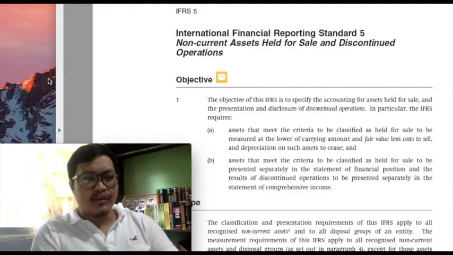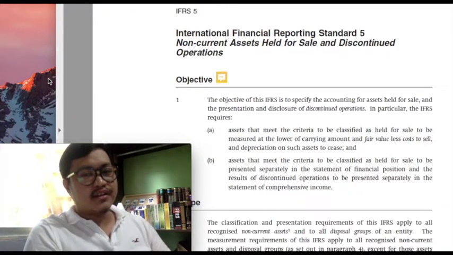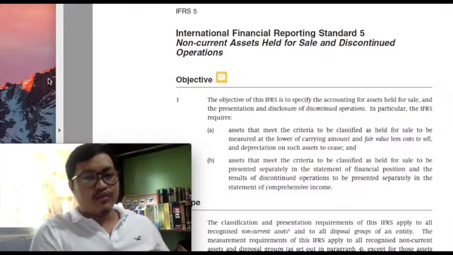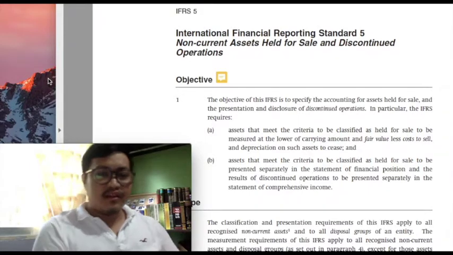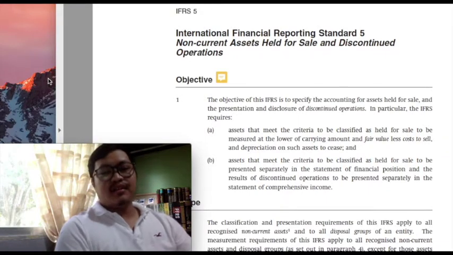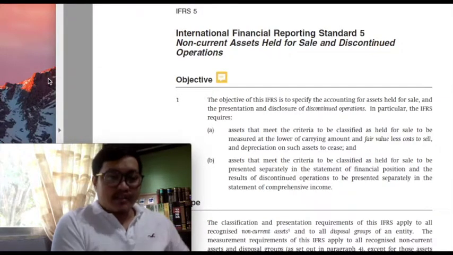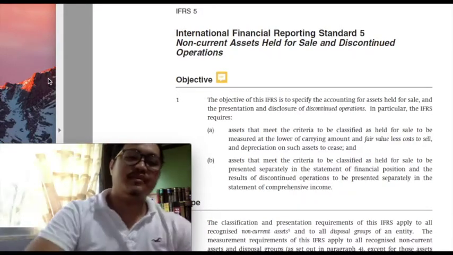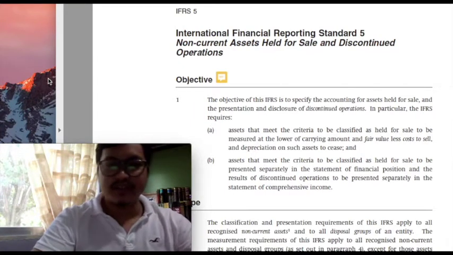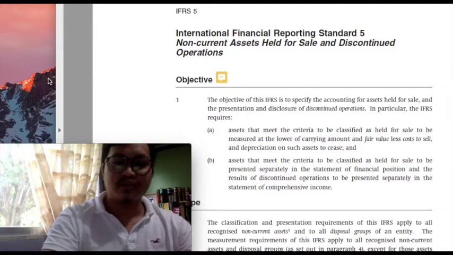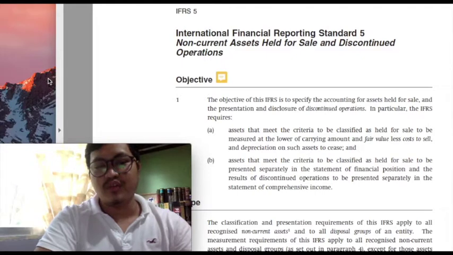I hope you're able to understand that if you are now intending to sell a group of assets, if you are intending to let go of a group of assets, then the profit and the expenses that were supposedly generated by this group of assets would cease to exist in the subsequent periods. And I have already mentioned why it's important to separate the results of the discontinued operations from the results of your continuing operations.